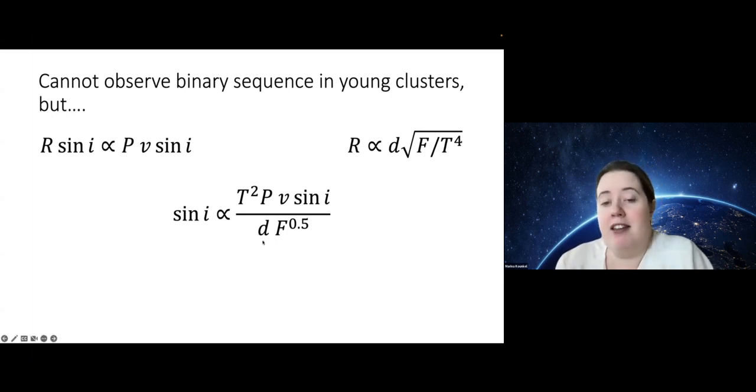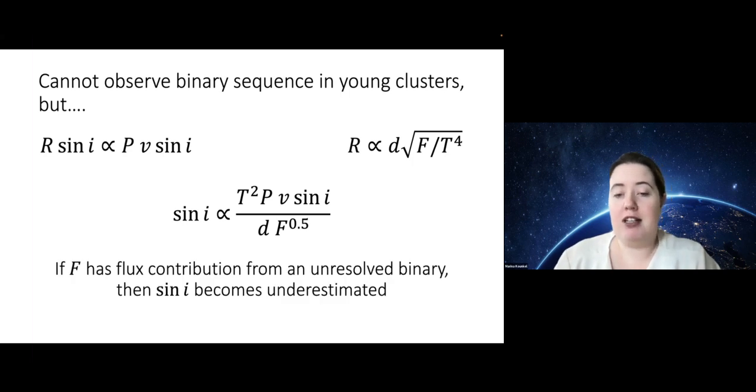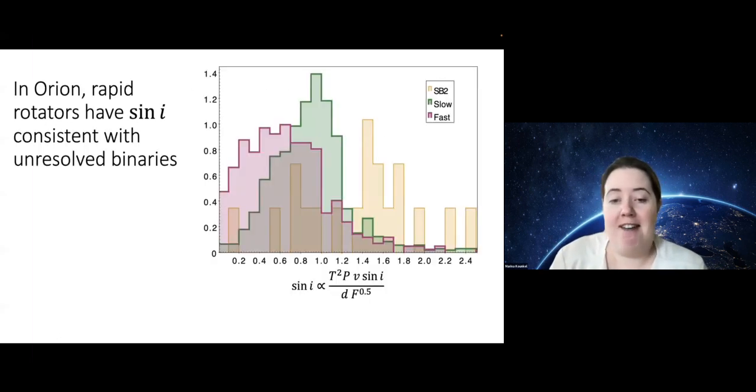In a binary, you might be able to measure all these parameters well, but the flux you're going to have has a contribution from 2 stars rather than just 1. So your flux is going to be overestimated compared to a single star, and then your sin i will become systematically underestimated. And we can look at the sin i distribution of slow and fast rotators.